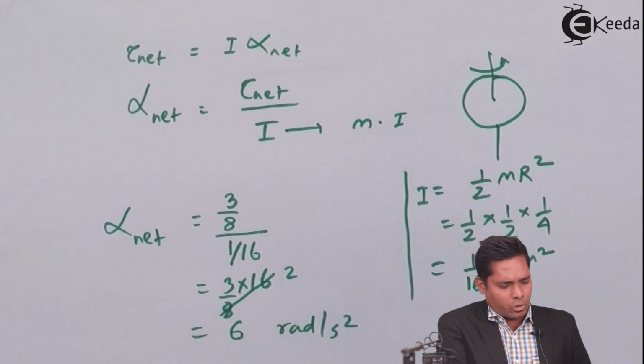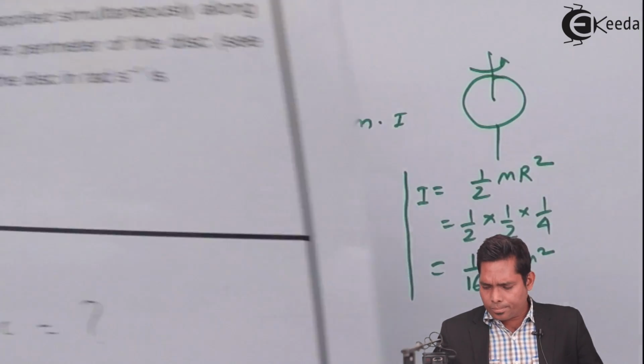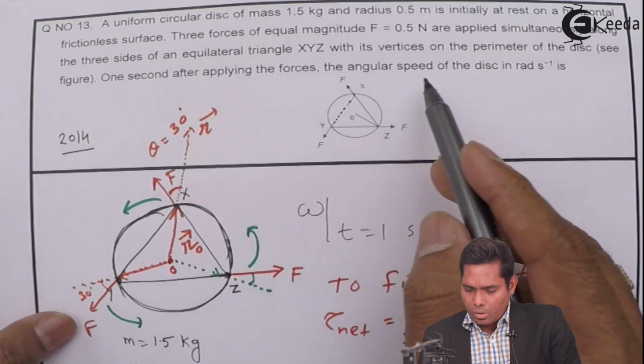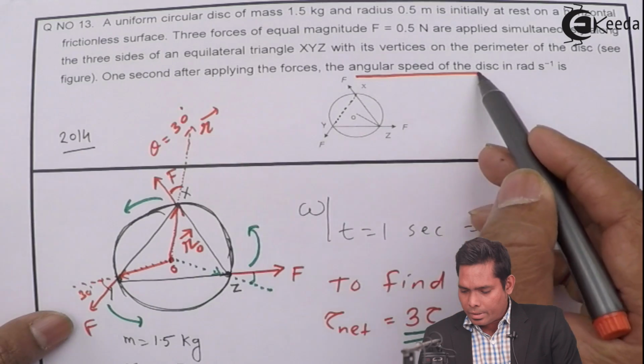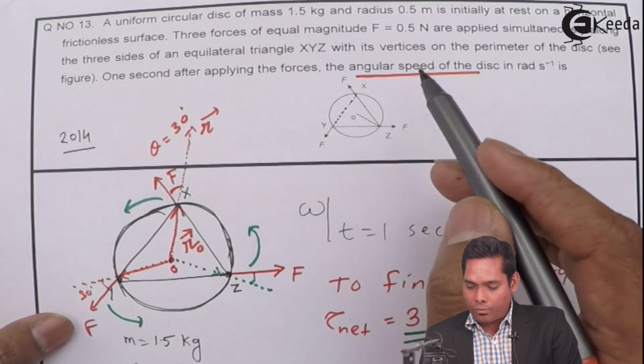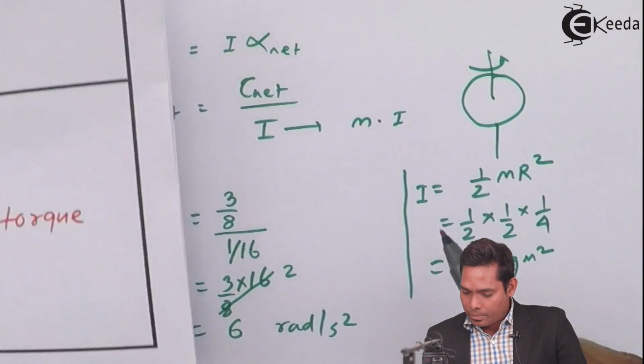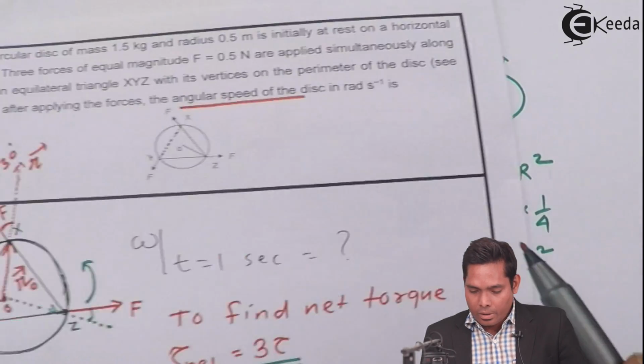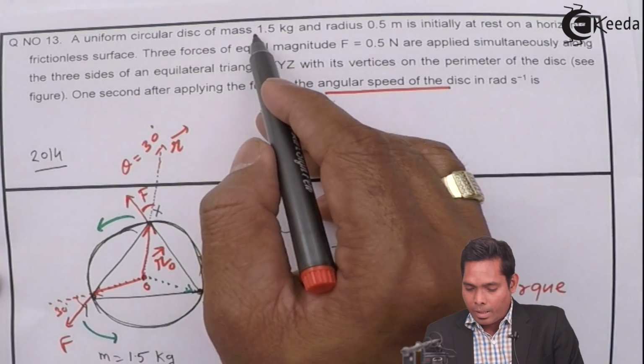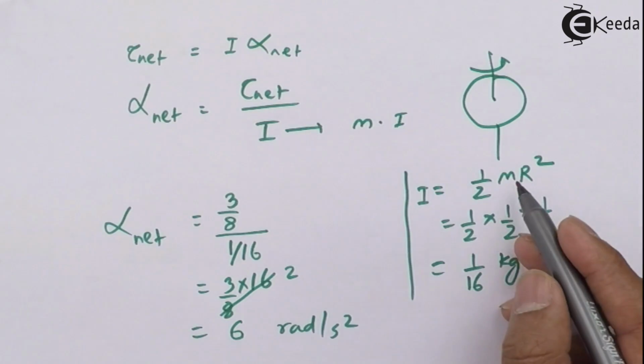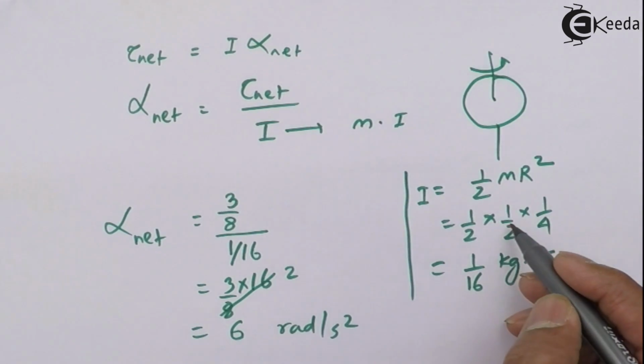So as you can see from the question, we have to find the angular speed. Okay, we got alpha, and I is found, but the mass is actually 1.5 kilogram. We had substituted mass as 1 by 2 kilogram.